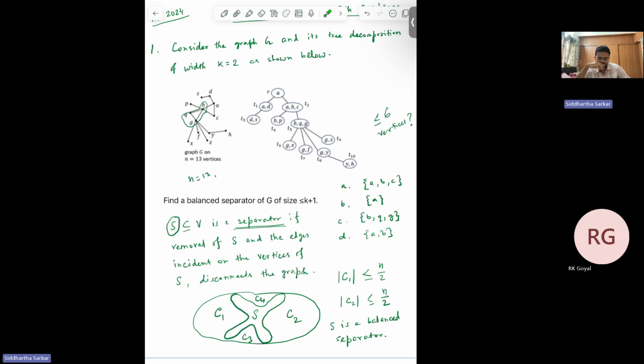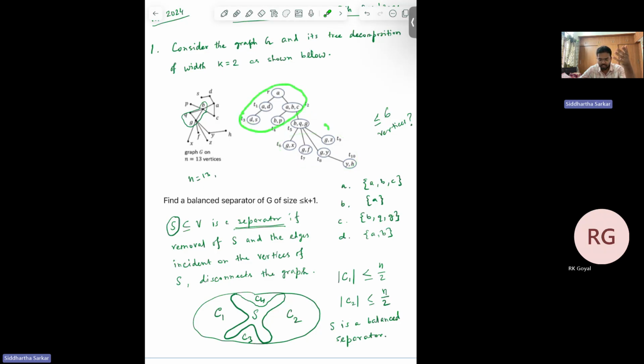But the primary motivation behind finding a balanced separator is that once you find the balanced separator and the graph is divided into two parts of roughly light size, when the parts into which you divide the graph are roughly small, then you can do some iterative algorithm.